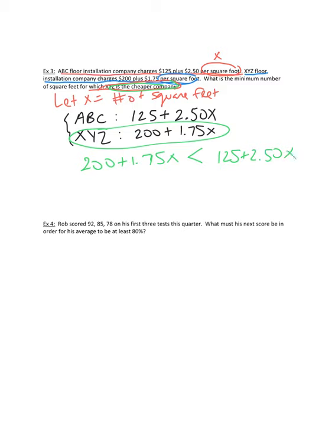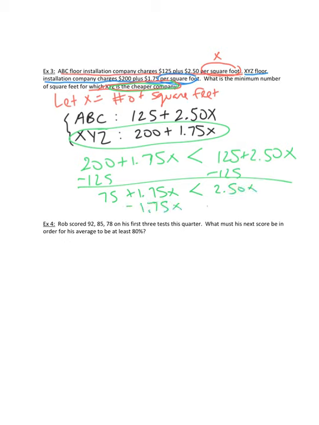Okay? And then you just solve. So we're going to subtract 125 from both sides. That's going to give me 75, not 100. That's going to give me 75 plus $1.75x is less than $2.50x.